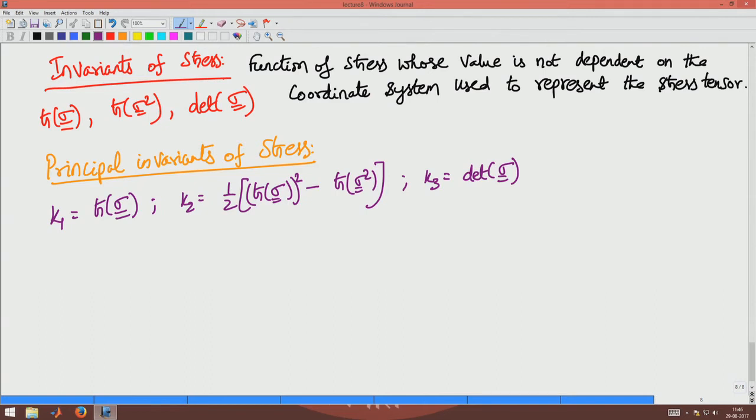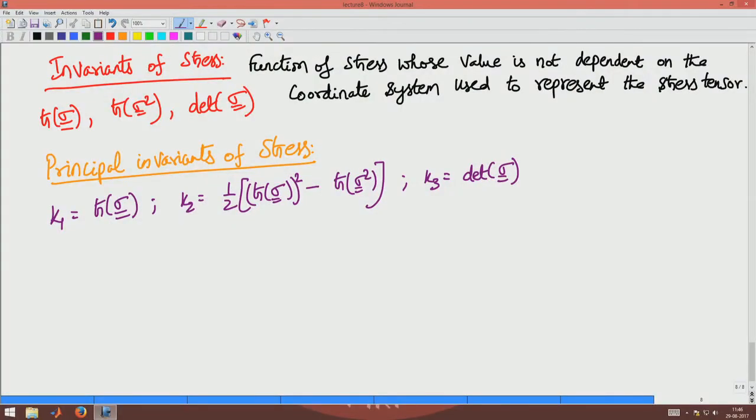Now, let us look at how this principal invariance of stress arises. For that, we have to go back and look at what normal stress is, and we want to find the extremum normal stress, which will lead to a characteristic equation that will contain these invariants. So, let us do that. What is the normal stress acting on a plane?